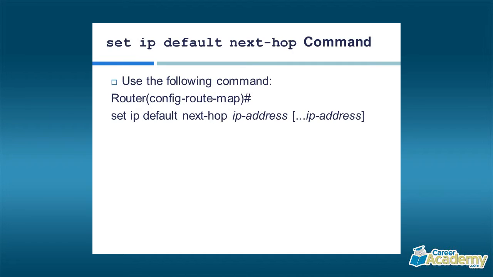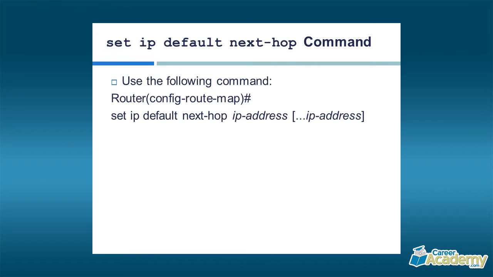The set ip default next-hop command, set ip default next-hop ip-address, specifies a list of default next hop IP addresses. A packet is routed to the next hop specified by this command only if there is no explicit route for the packet's destination address in the routing table. Also, a default route in the routing table is not considered an explicit route for an unknown destination address.